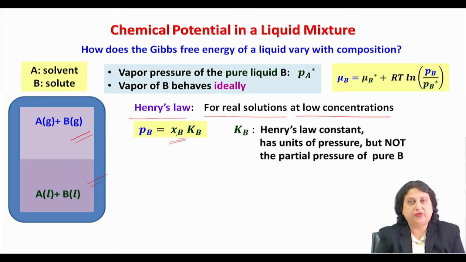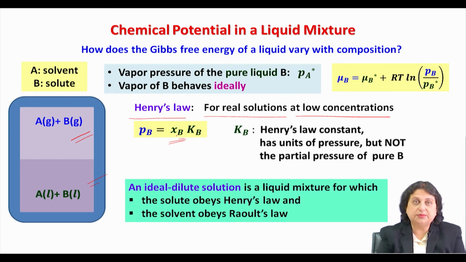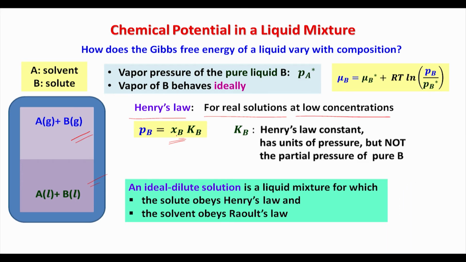It has units of pressure, but you must realize that, unlike the case of the solvent A, this is not the partial pressure of pure B. And under such circumstances, you use this equation representing Henry's law as a defining expression for what is known as an ideal dilute solution.